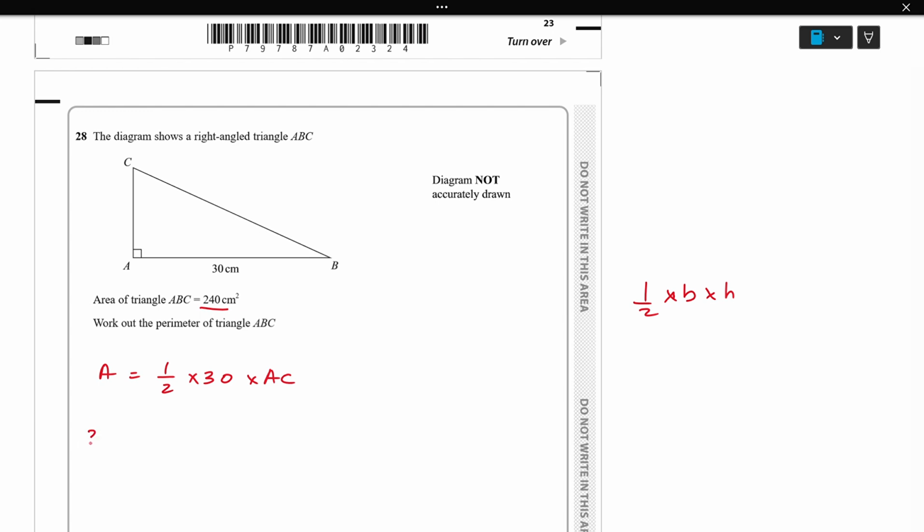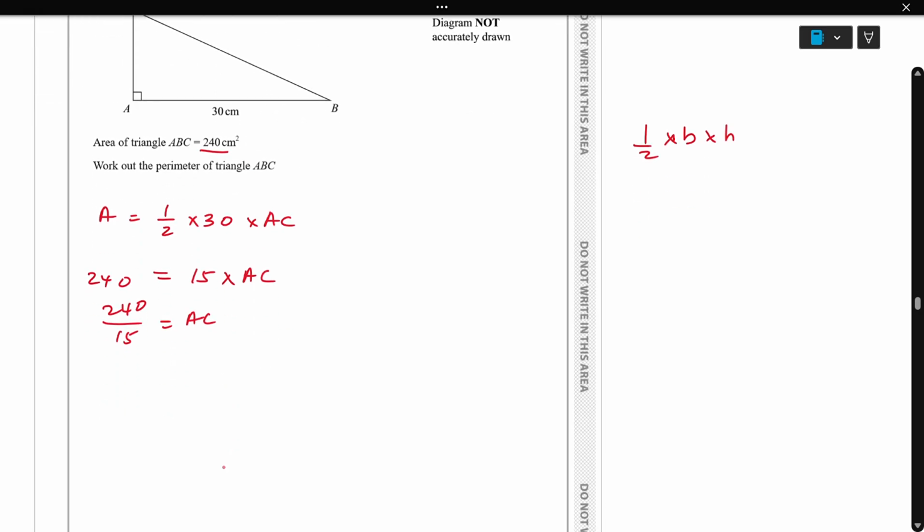The area is already given, which is 240. So 240 = 15 × AC, since half of 30 is 15. Now divide both sides by 15: 240 divided by 15 equals AC. So AC is 16.